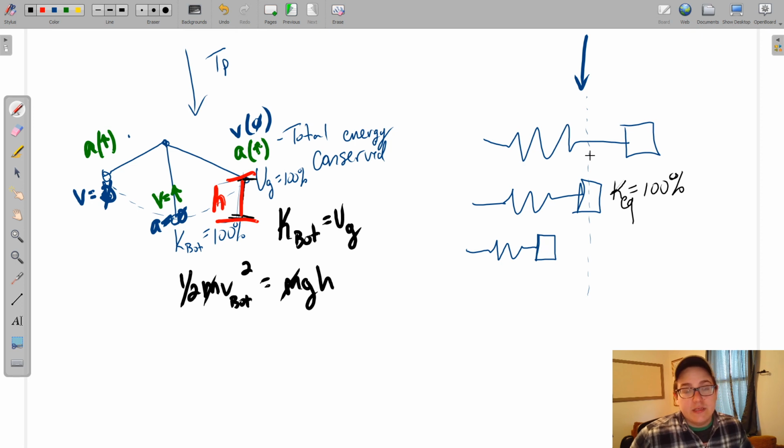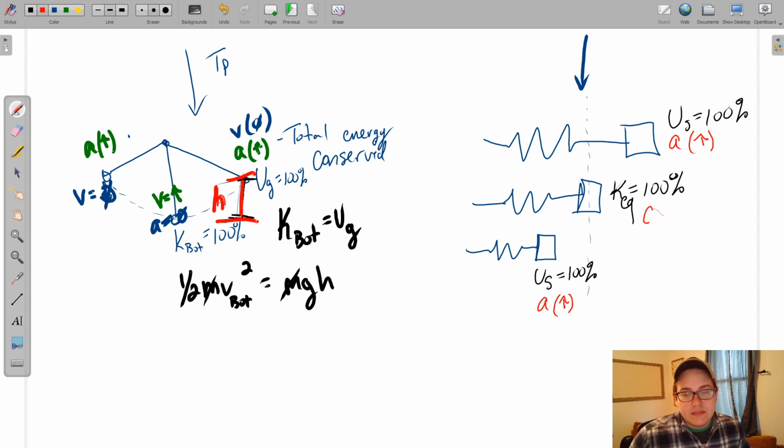At your extremes, we know that all of your energy turns into spring energy. Now this is U sub S, not U sub G. So we oscillate back and forth. From there, we're able to unpack just a little bit and say acceleration is at your highest at the ends.